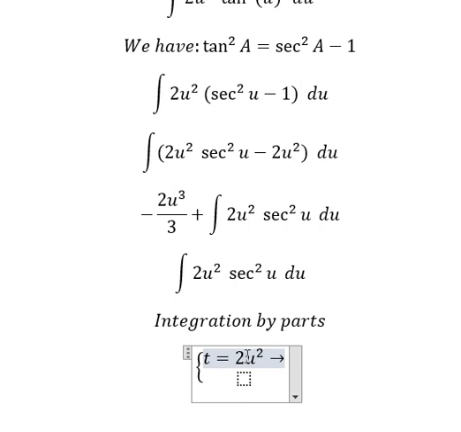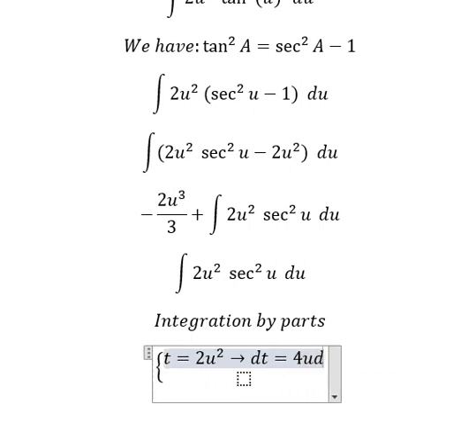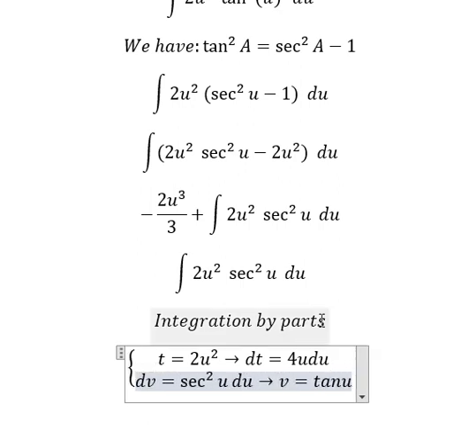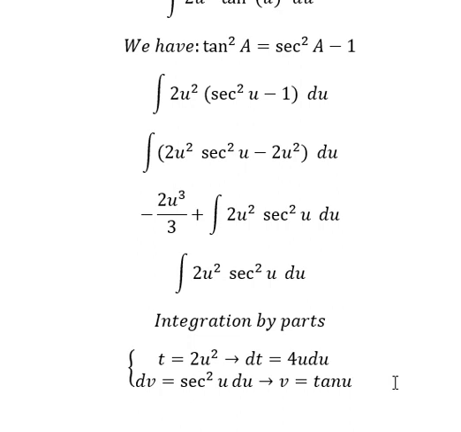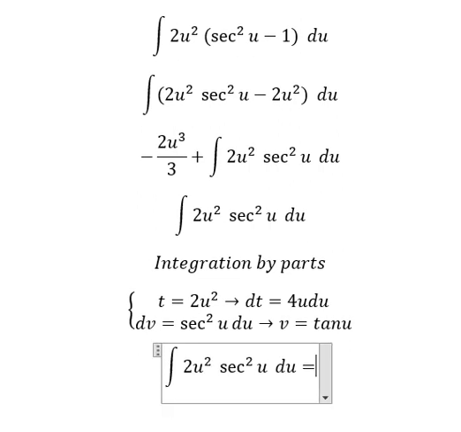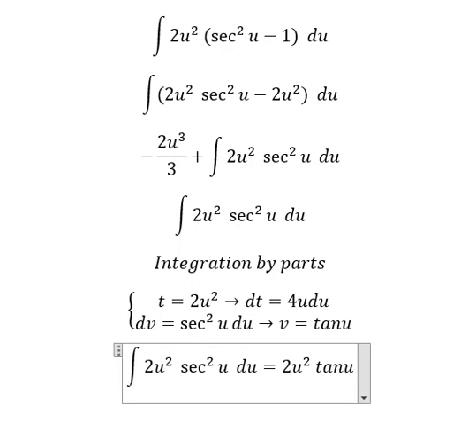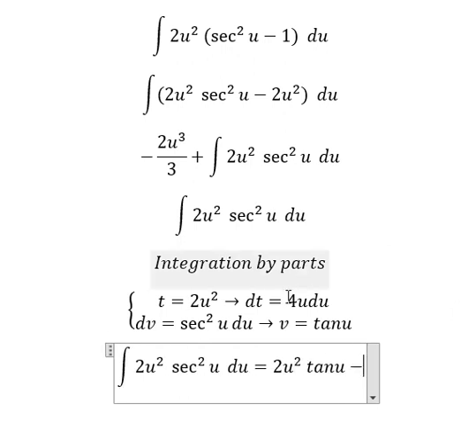If we first take the derivative, we have du, and dv is this one. So the integration of this one, we have tan u. So we have t multiplied by v minus dt multiplied by v.